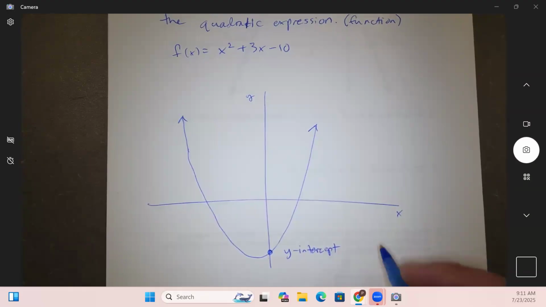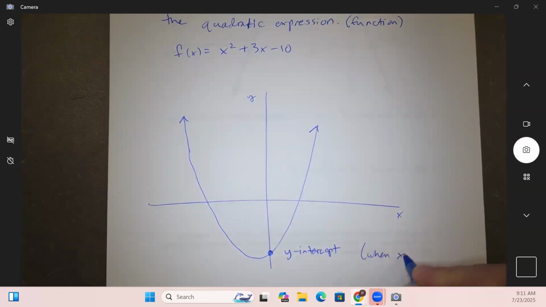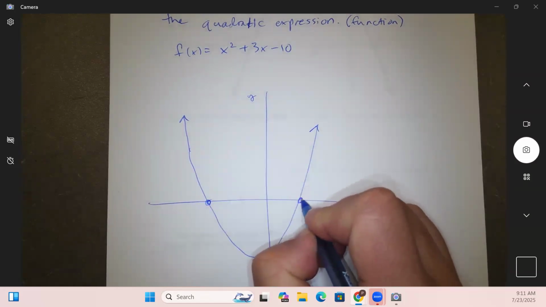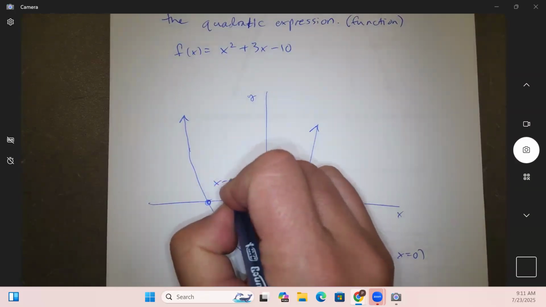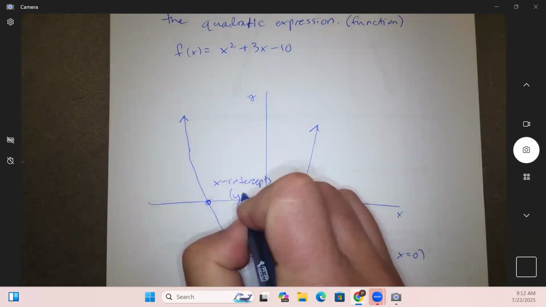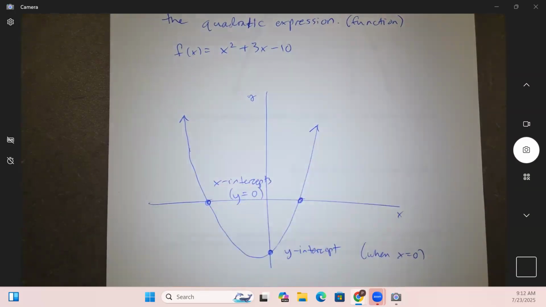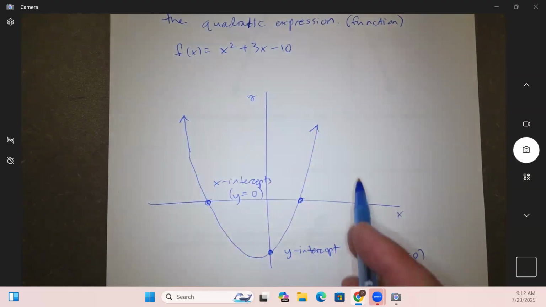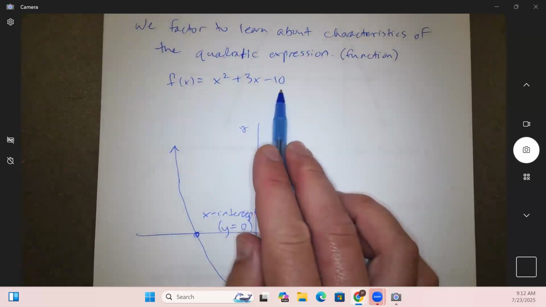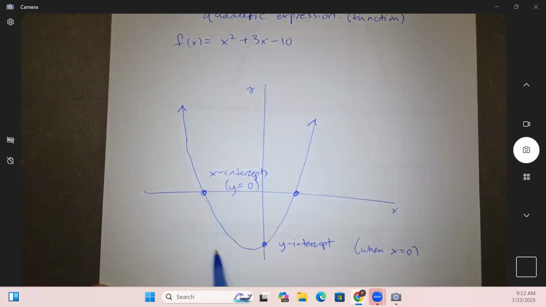Y-intercept's important. This is when x equals 0. And the x-intercepts, when y equals 0. So how do we figure out from the symbolic form of our function these interesting visual characteristics?